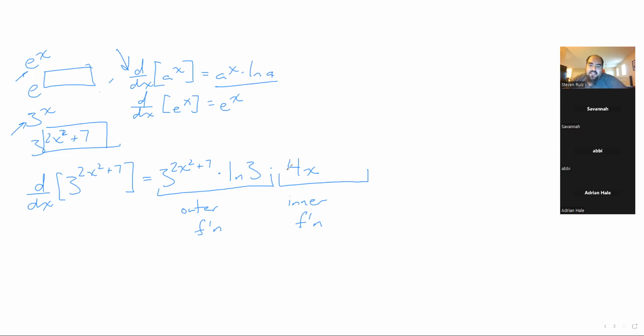I kind of shortcutted the process because I have a lot more experience with it, but also we just did a couple of these that worked the same way. But just to rebuild this, I could very easily have called the outside function 3 to the x and the inside function 2x squared plus 7, done both derivatives and set up the chain rule the way we did in class more slowly, and you're still going to wind up in the same place.